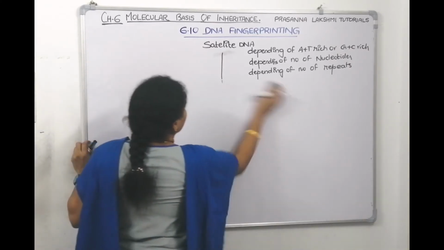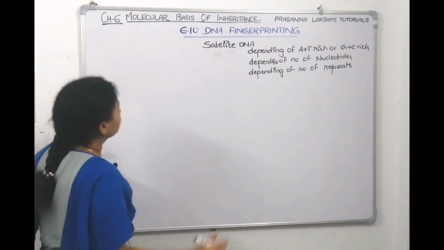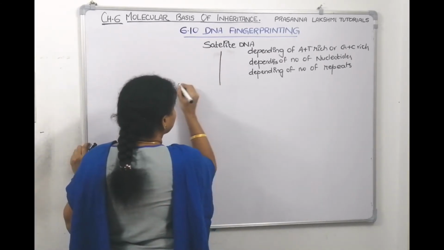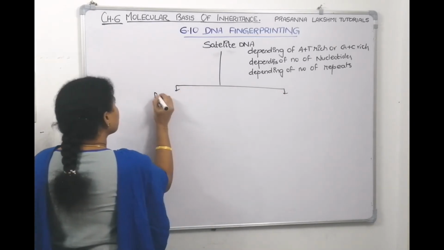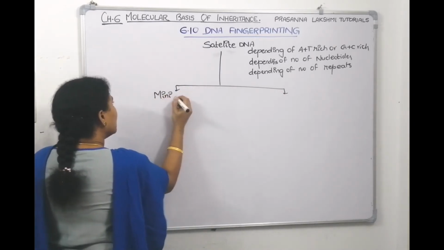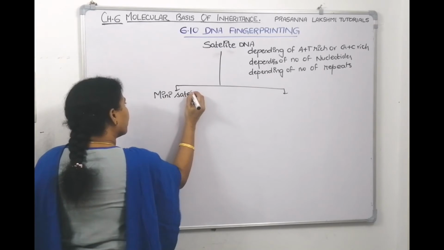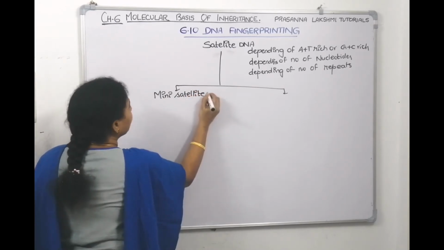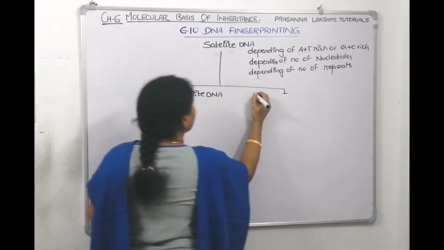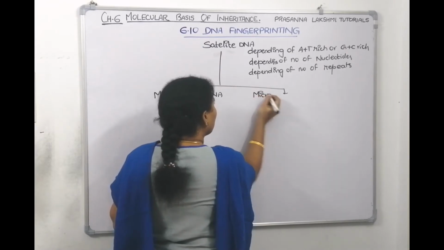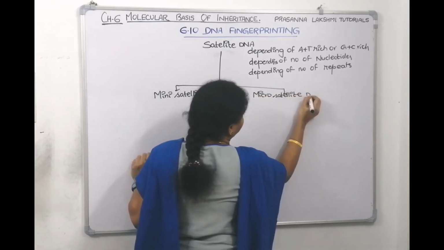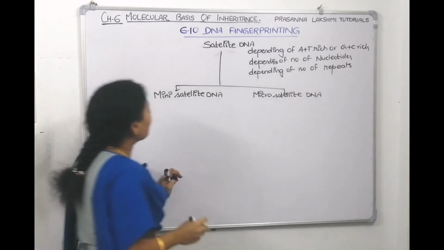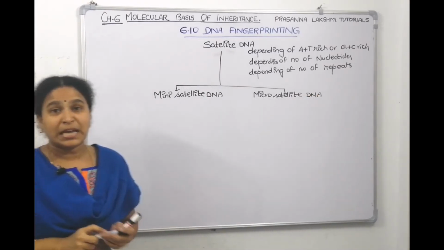What did I say? Two types. What are the two types? One is mini satellite DNA. The other one is called microsatellite DNA. Now let us see what are microsatellite DNAs and what are mini satellite DNAs.